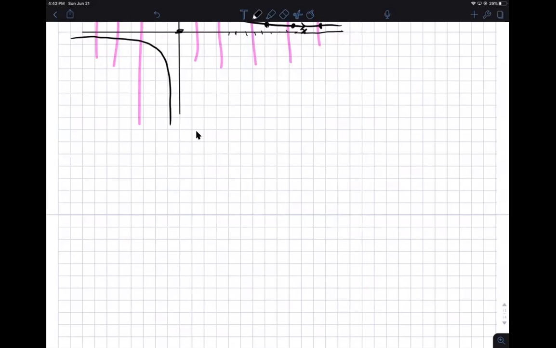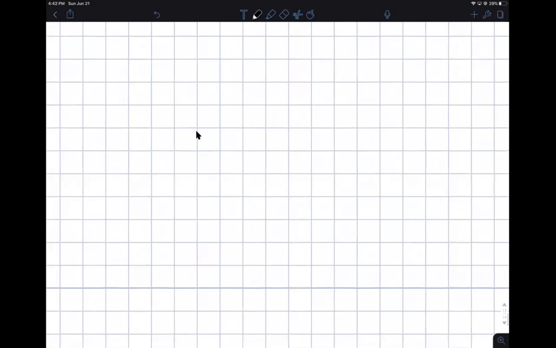I have a question. It's y equals 2 over x plus 3, like that. Does it look like this? Yes. All right, cool.